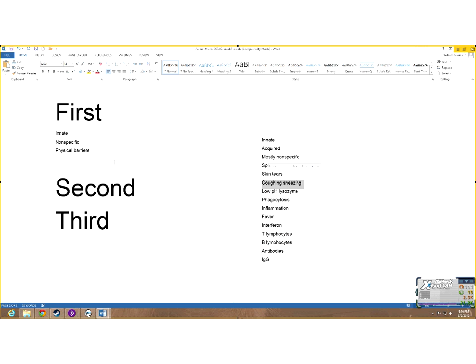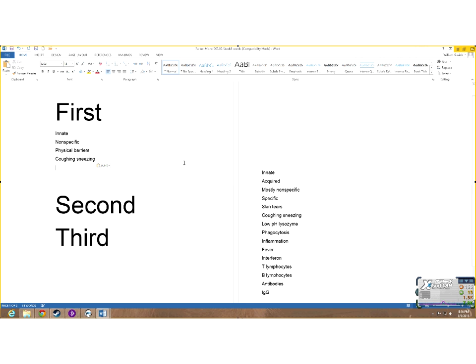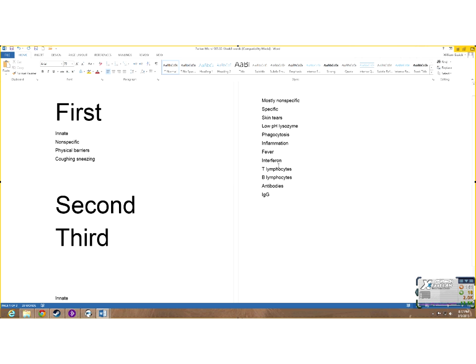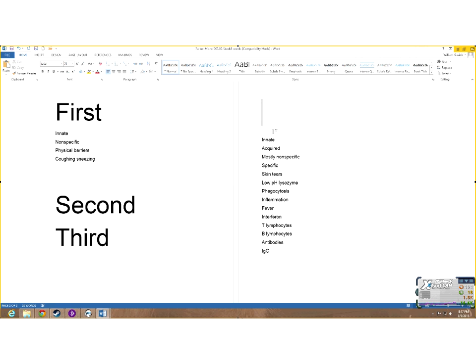Coughing, sneezing. I just did that. Anybody see anything else, or we'll just move on to the second layer, or second line of defense?